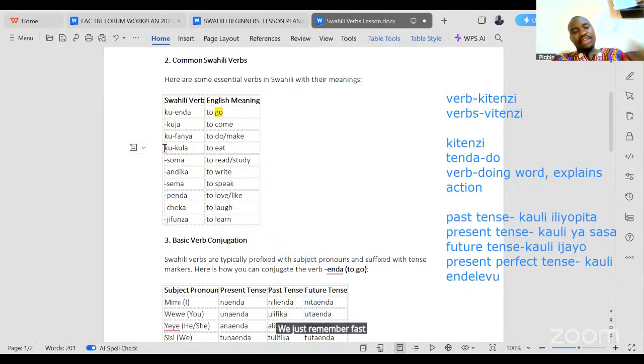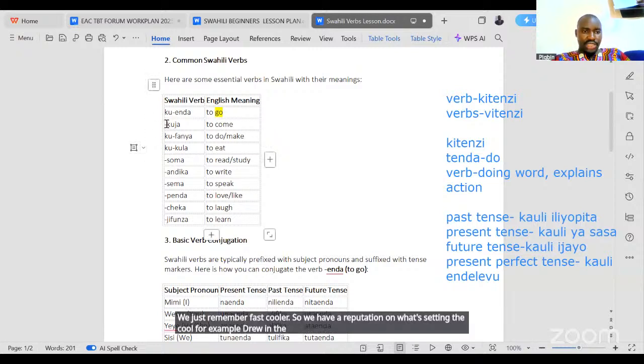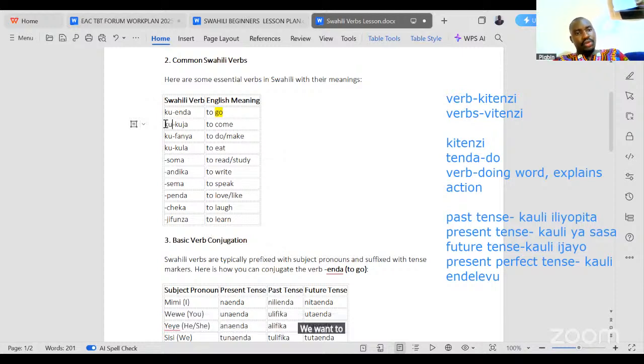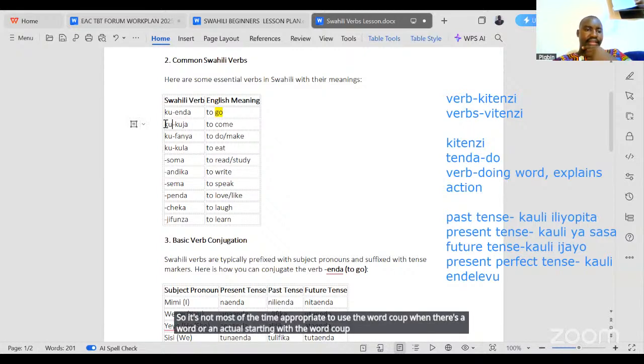Where we have a repetition of a word starting with ku, for example the word kuja, most of the time we will not say kukuja. We just say kuja, which means to come. It's not appropriate to add ku when the verb already starts with ku.